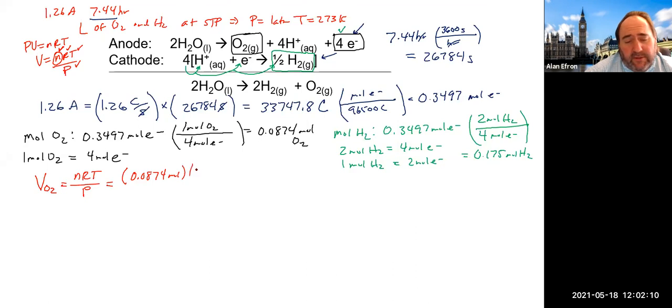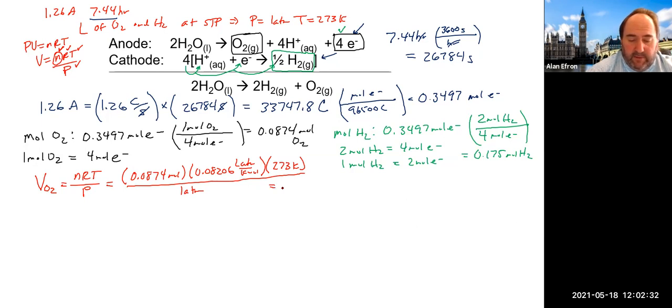We also want to make sure that we use the correct value of the gas constant here for the ideal gas law. We've been using the 8.314 version a lot, but again, we want to go back to the correct one here, which is the 0.08206, and temperature being 273 Kelvin, all divided by our pressure, which is 1 atmosphere because it is standard pressure.